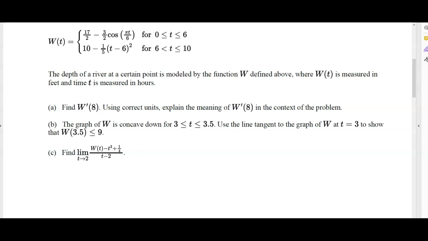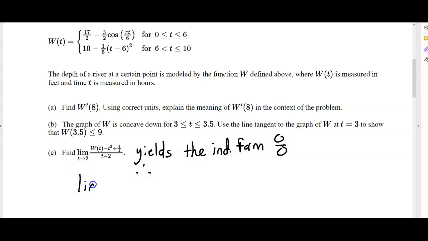Now on an FRQ, just so you guys know, if you see something like this, you would say this yields the indeterminate form 0 over 0. Therefore, the limit as x approaches 2, now we're going to do the same thing but with the derivative.